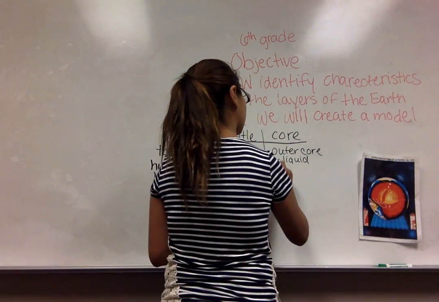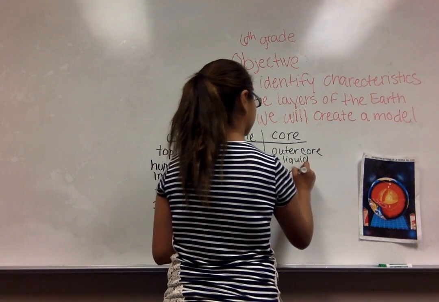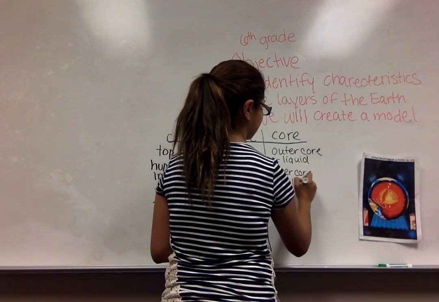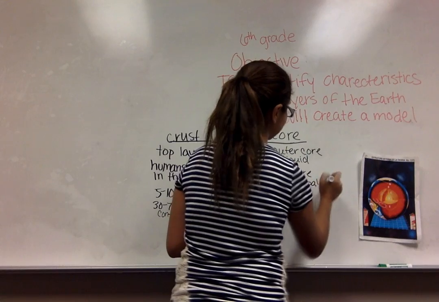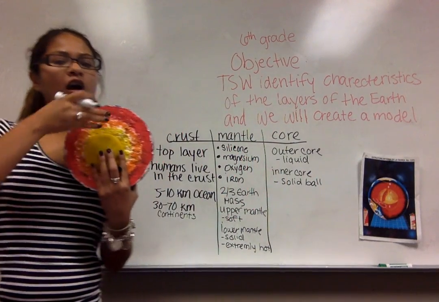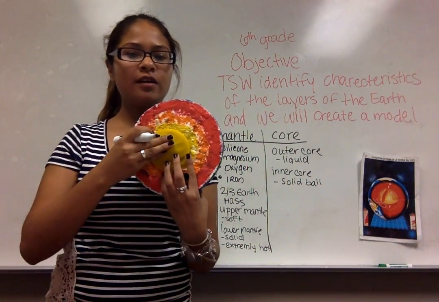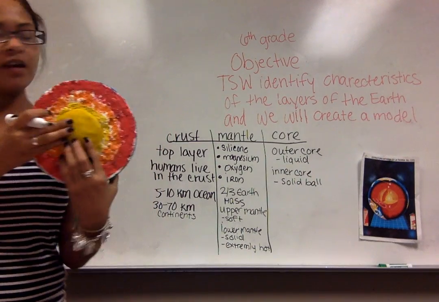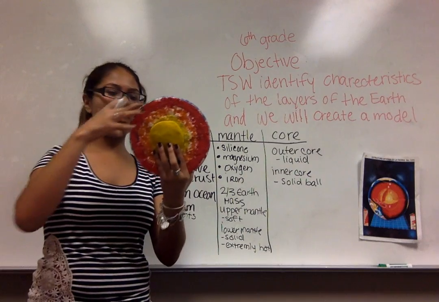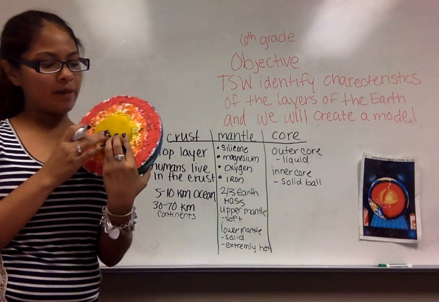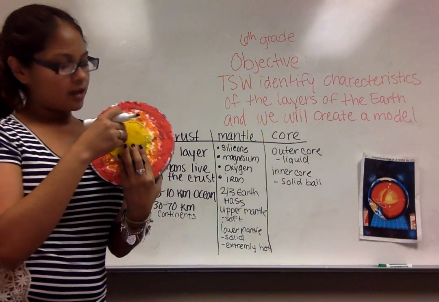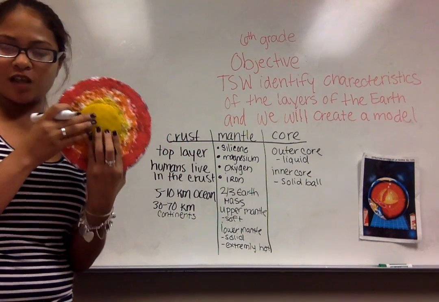And the inner core is like a solid ball. Why do you think it's like a solid ball? You see, all this pressure here makes the core be like a very solid ball. Does it compress it? Yeah, all the compression from the other layers makes the very, very middle, the center, a solid ball. That's why it's solid.